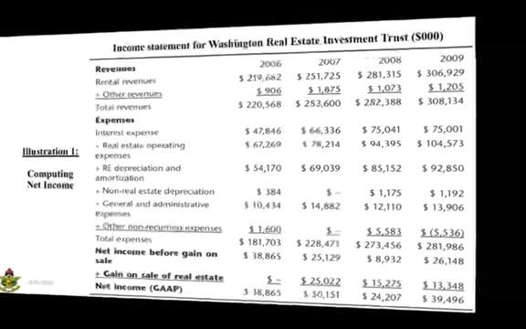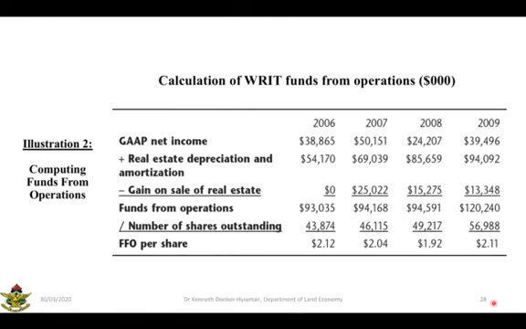So let's look at these adjustments in terms of calculating the funds from operations for the REIT. The calculation of funds from operations provides some insights into the difference between net income and funds from operations. Funds from operations calculations from 2006 through 2009 are presented in this table.